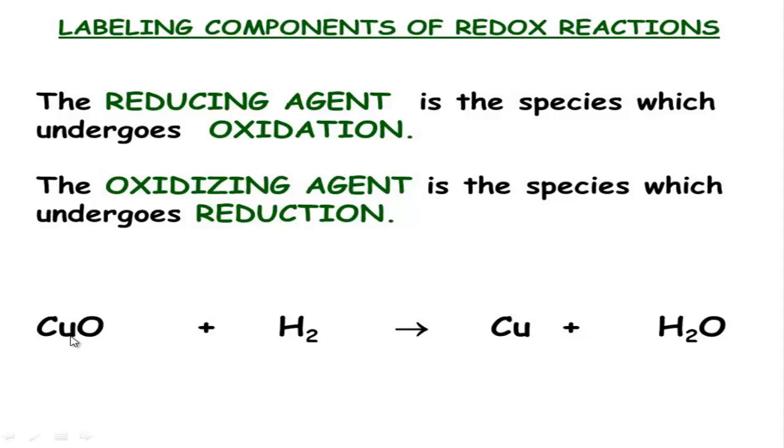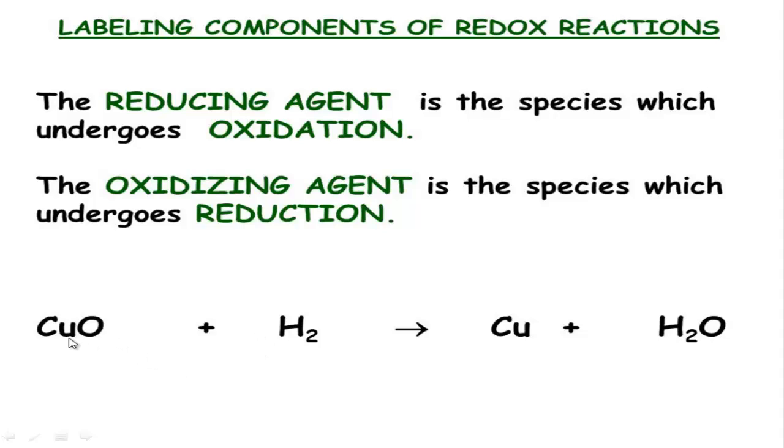And I have said reduction means removal of oxygen. When cupric oxide is converted into copper, which one is removed from cupric oxide? Oxygen. So this part is the reduction reaction, in the presence of what? Hydrogen. So here hydrogen is the reducing agent.